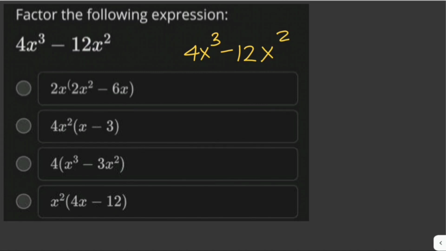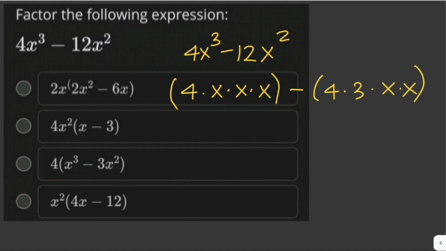and 4 is common, because we can write 4x cubed as 4 times x times x times x minus 4 times 3 times x times x. So we have 4 here, and we have 4 here too, and we have 2 x's here and 2 x's here.